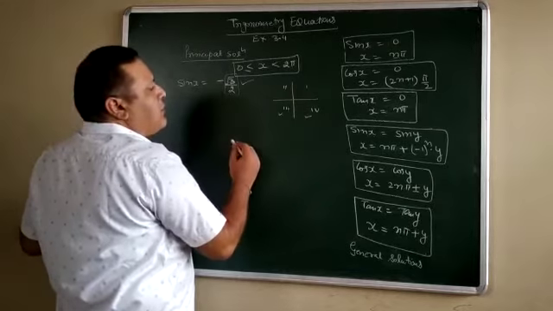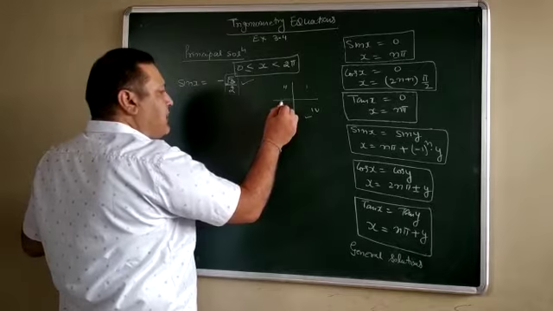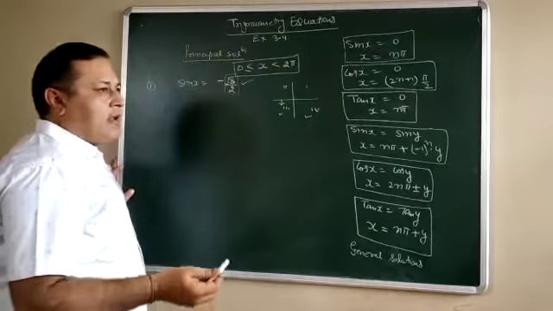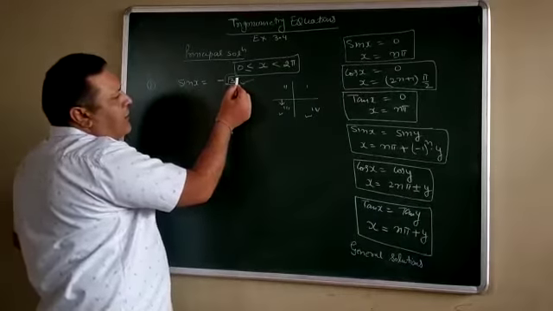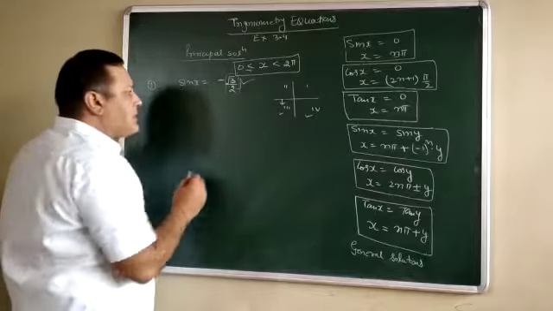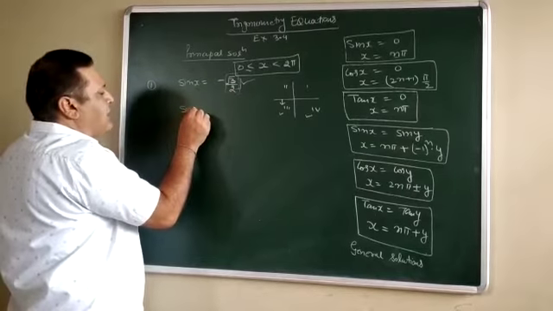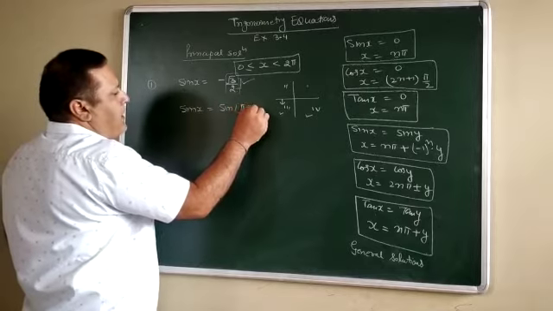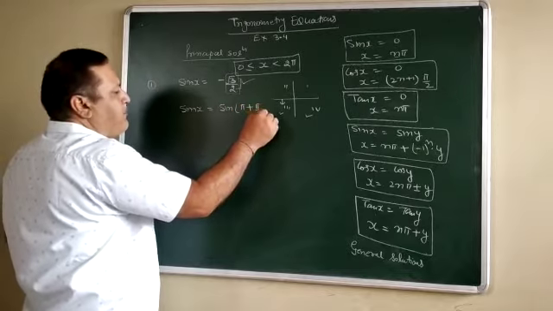When you enter the third quadrant, your answer is 180 plus some angle. But how much angle? Whatever value you obtain from root 3 by 2, it is at 60 degrees. So I can write sin x is equal to sin of (pi plus pi by 3).